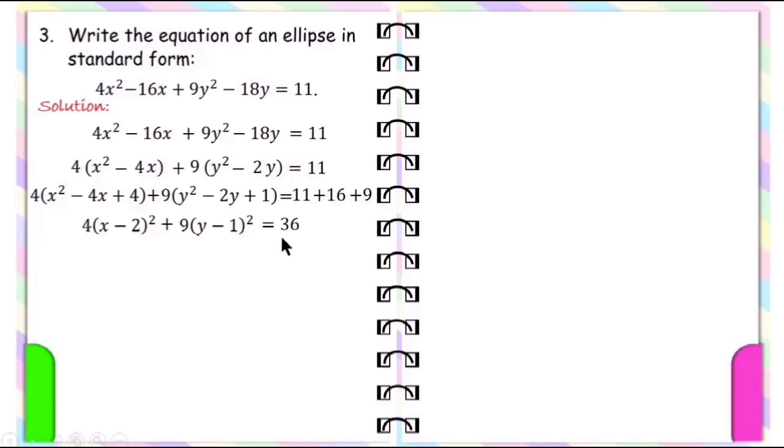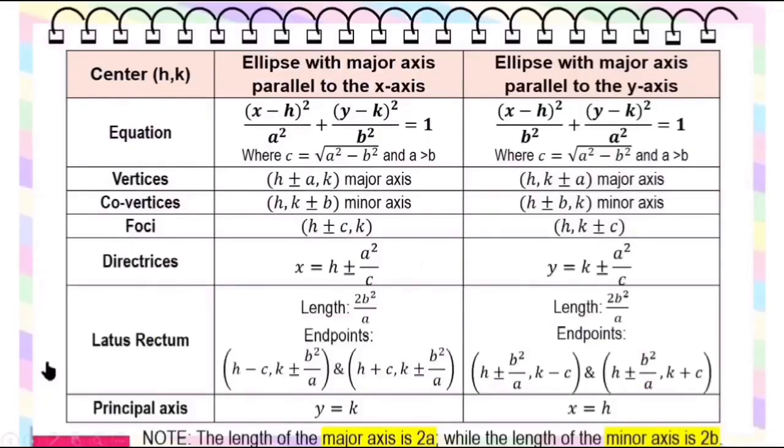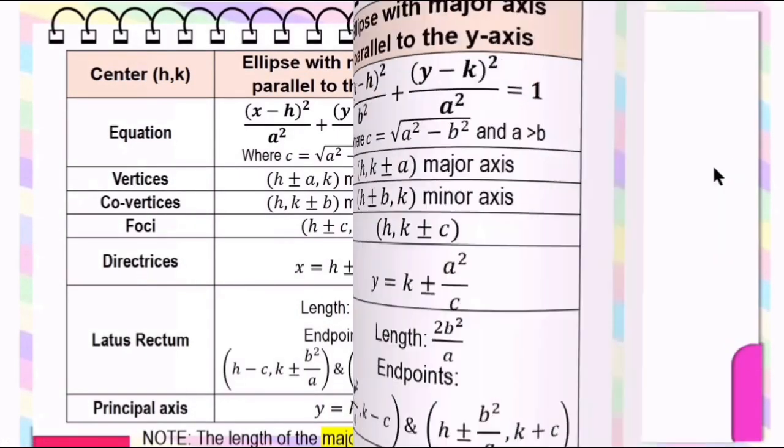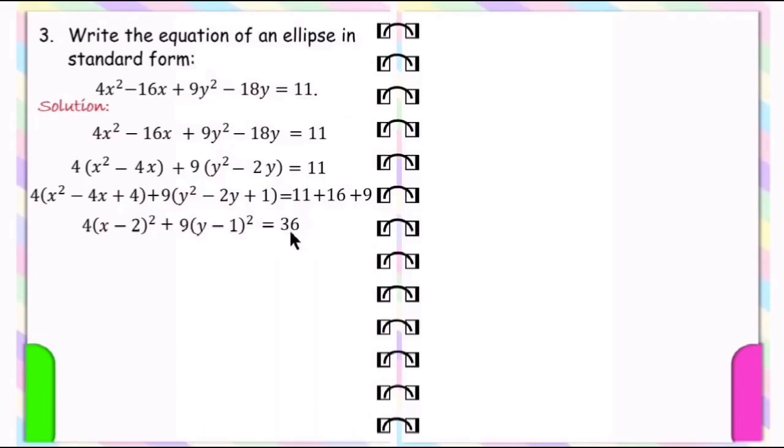Take note that the right-hand side of the standard equation of an ellipse must be equal to 1. To make it 1 here, we need to divide the equation by 36. We have (x - 2)² over 9. 4 over 36 is 1 over 9. 4 divided by 4 is 1, and 36 divided by 4 is 9.